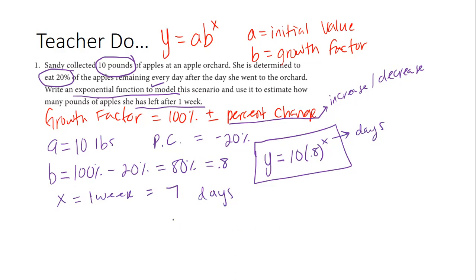Solve, plug in and go, right? So we have y equals 10 times 8/10 to the 7th power. When I plug that in the calculator, approximately how much will she have left? Nearest tenth. 2.1 pounds. And you make sure you put your units.